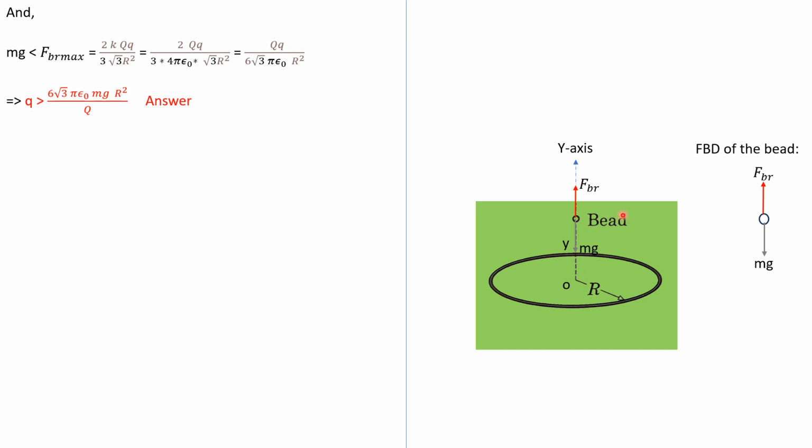Because after r by root 2, the force on the bead will start decreasing from its maximum value, that is F_BR max, it will keep going down, so it will not oscillate. That is the reason we have taken this condition.